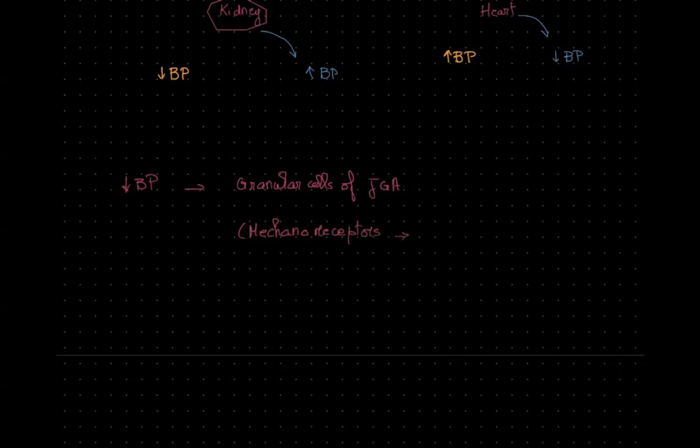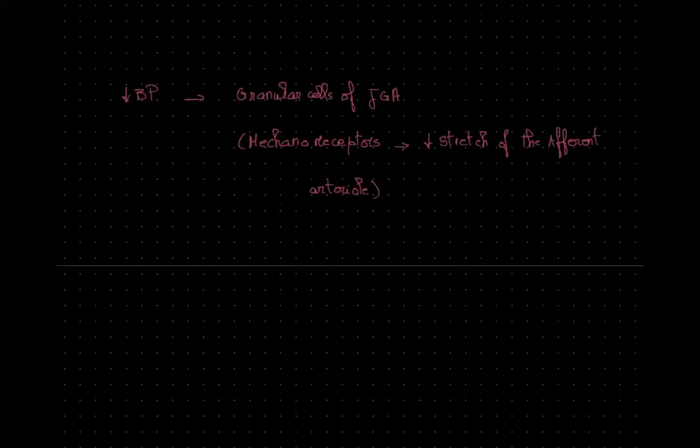This detection is by detecting a decrease in the degree of stretch of the afferent arteriole in the nephron. So this tells me that I have a low blood pressure.